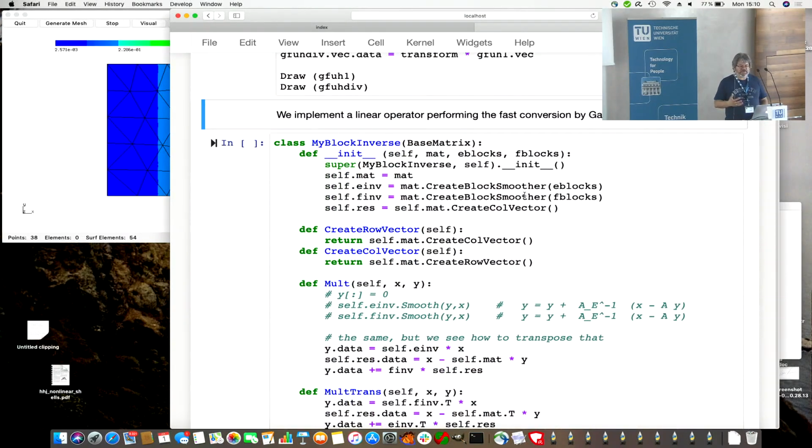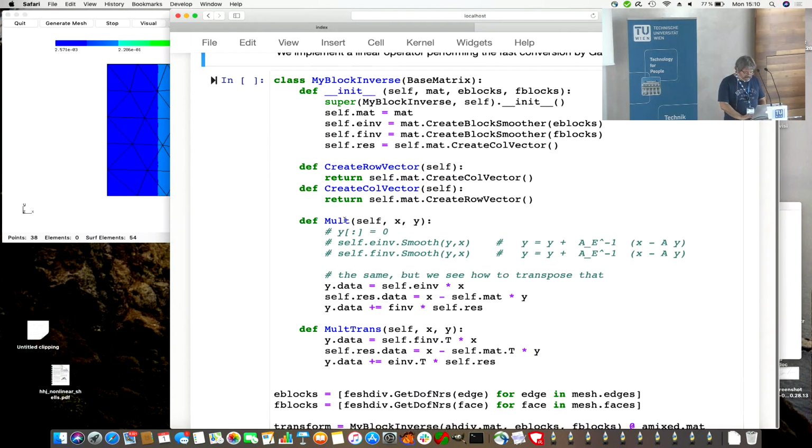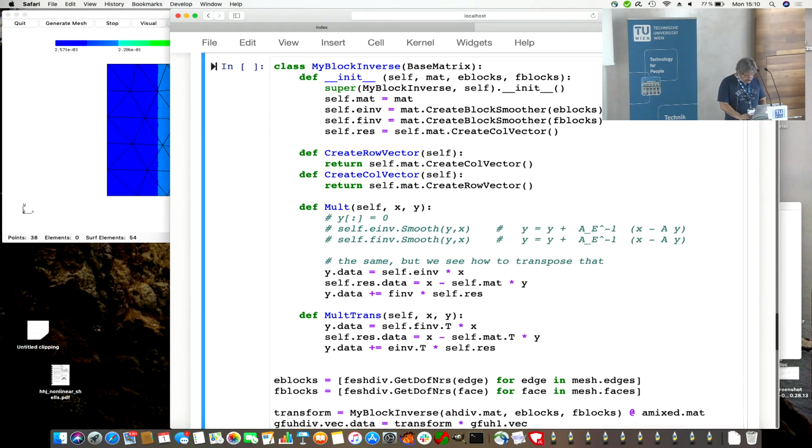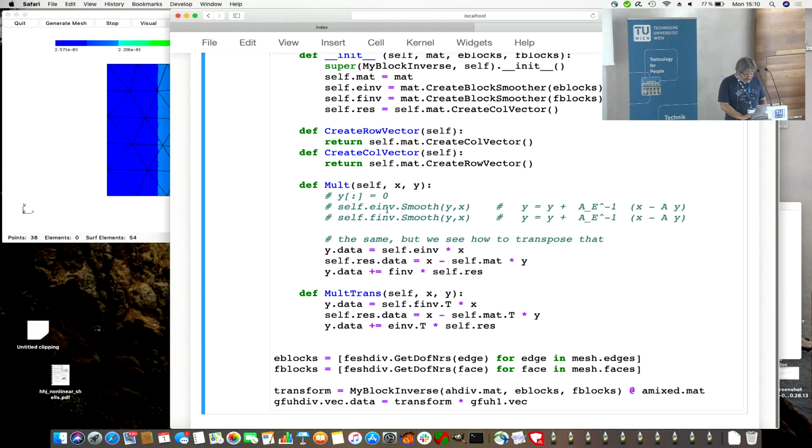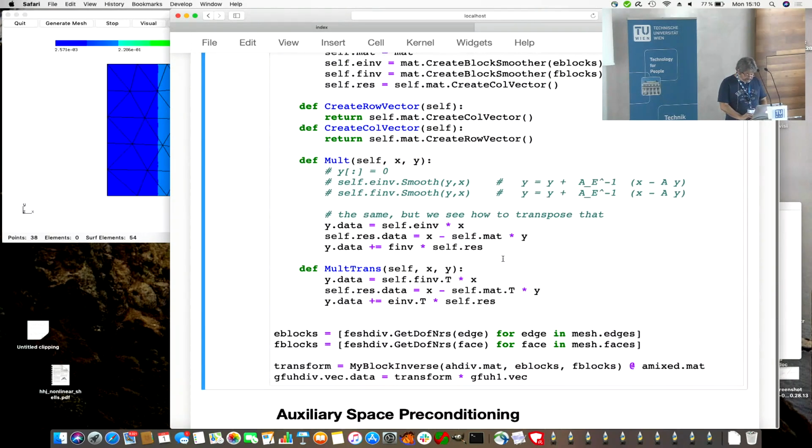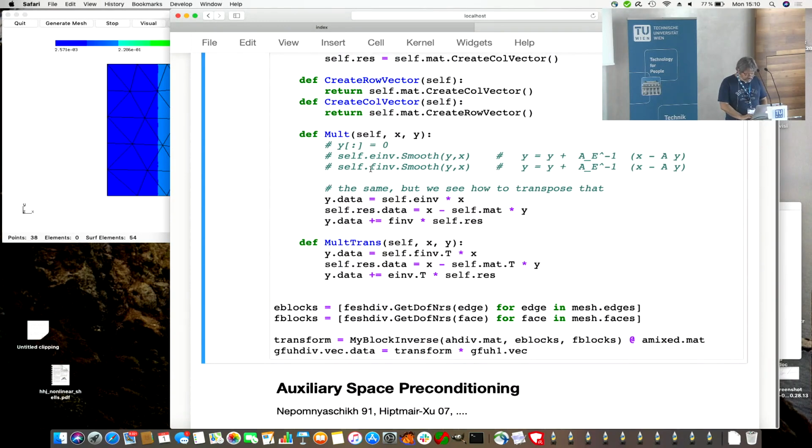We can define now also a matrix which provides this embedding from one space to the other as a Mult function. So the Mult of this matrix is doing the embedding. Why do we do the matrix here?